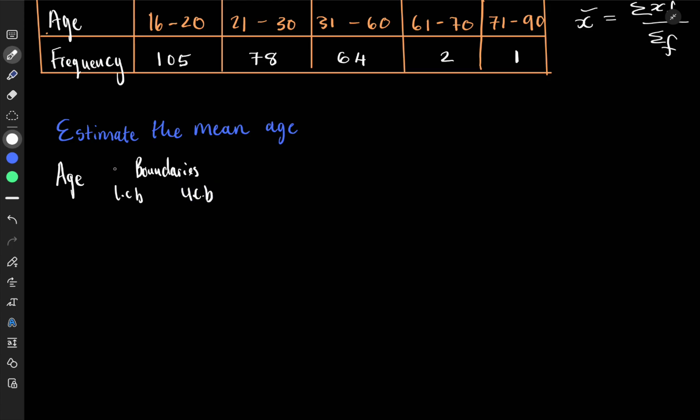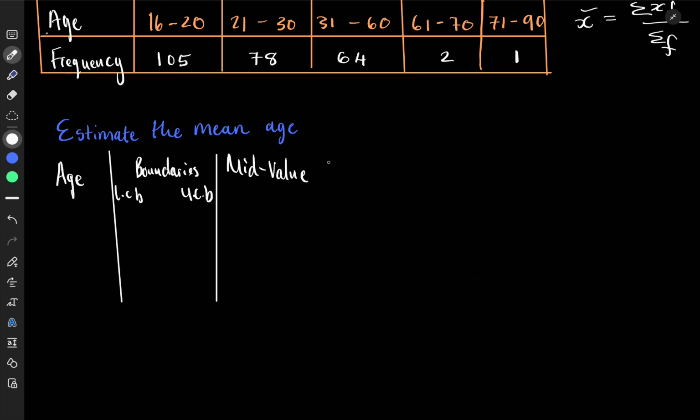These two. So I'll have my age and I'm going to have my boundaries, right? Because now I'm dealing with grouped data, I'm going to need them. And then after knowing my boundaries, I'm going to get something called the mid value. It's no longer the interval width, but it's going to be the mid value.